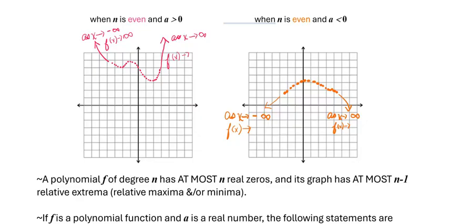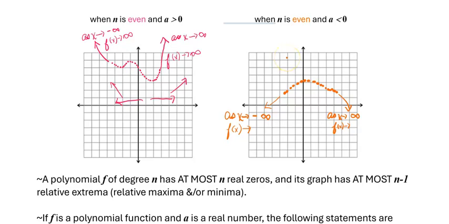And as x approaches positive infinity, f of x is also going to approach positive infinity. So again, x approaches negative infinity, y is approaching positive infinity. As x approaches positive infinity, y is also approaching positive infinity. That's how it works when your power is even and your leading coefficient is positive.